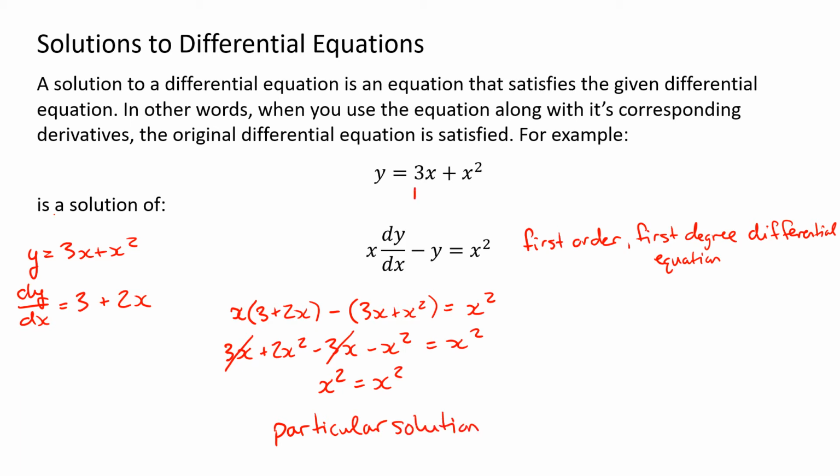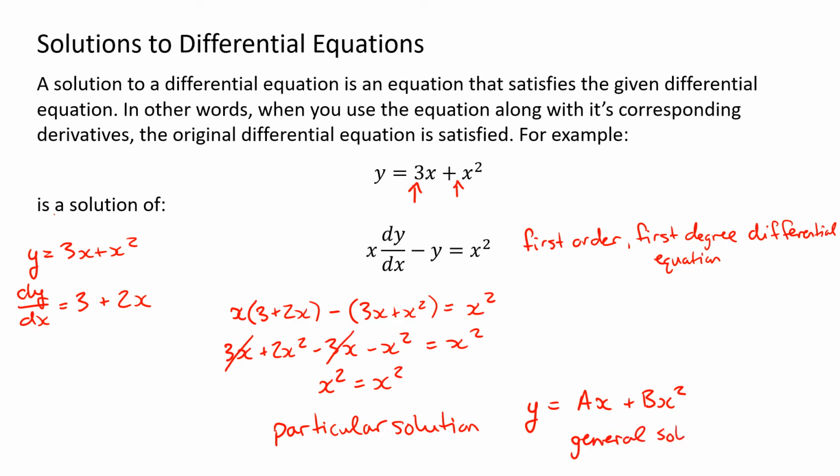because the constants behind each of these variables here are known. Okay, so we have the constant is 3 behind the x term and 1 behind the x squared term. If you had it written as y equals a times x plus b times x squared, remembering back to our partial fractions, that is known as a general solution.